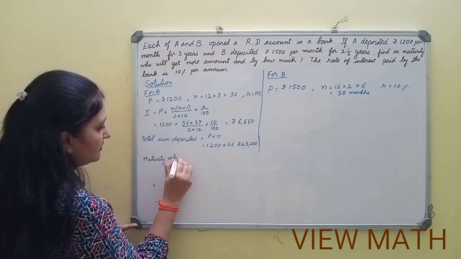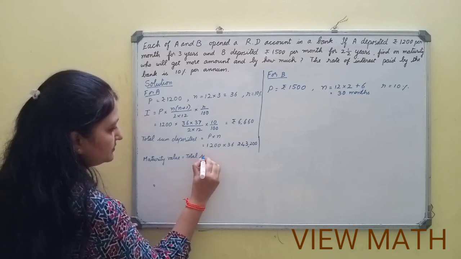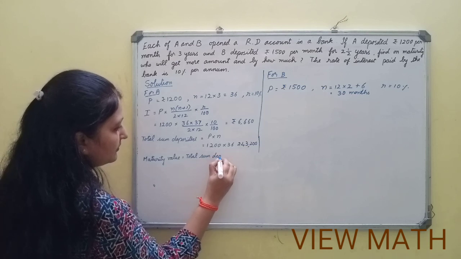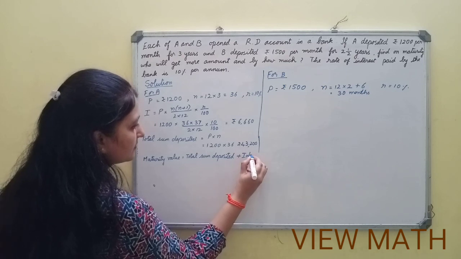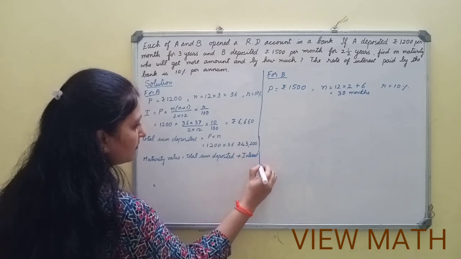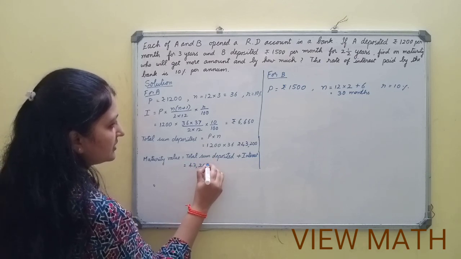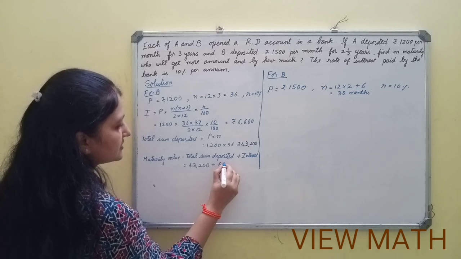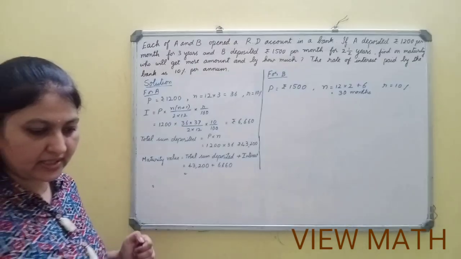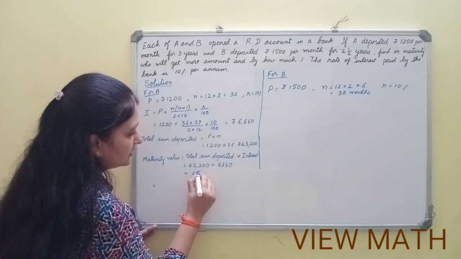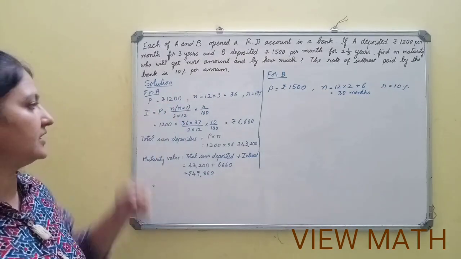Maturity value is total sum deposited plus interest. Total sum deposited is 43,200, interest is 6,660. So both you have to add. You will be getting 49,860. So this is the maturity value of A.